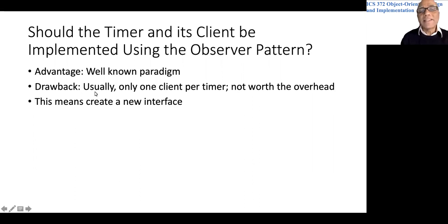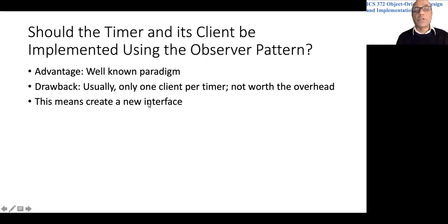But the drawback is that this may be an overkill for our purpose, because usually when you set up a timer, that is only applicable to the object that wants that timer. A timer is not usually shared by multiple entities. If we take this second approach, which we are going to, this means creating a new user interface so that the same timer can be used by different types of objects.